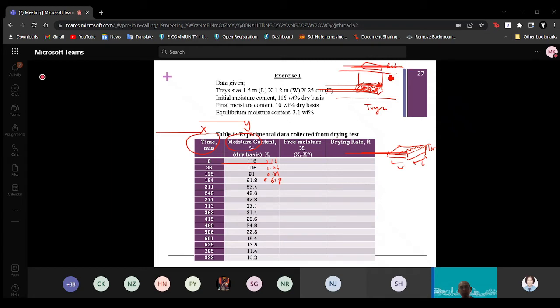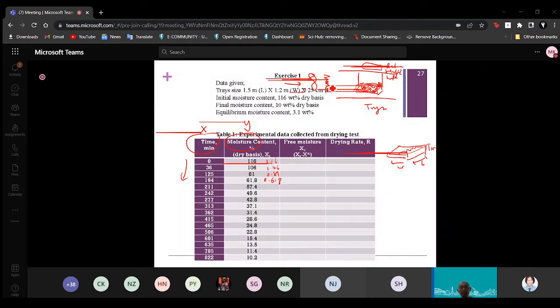With the balance you can weigh it, the weight according to time. As the time increases, you can record the time. So this is why you have time here. When you switch on, this tray dryer normally has a blower and a heater here, the same as a hair dryer.